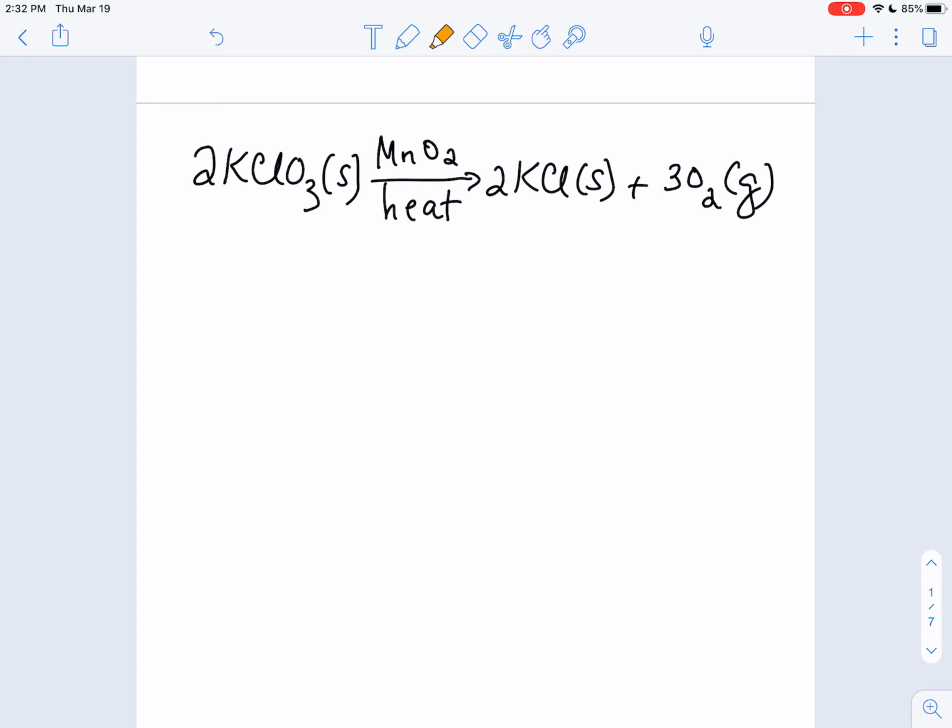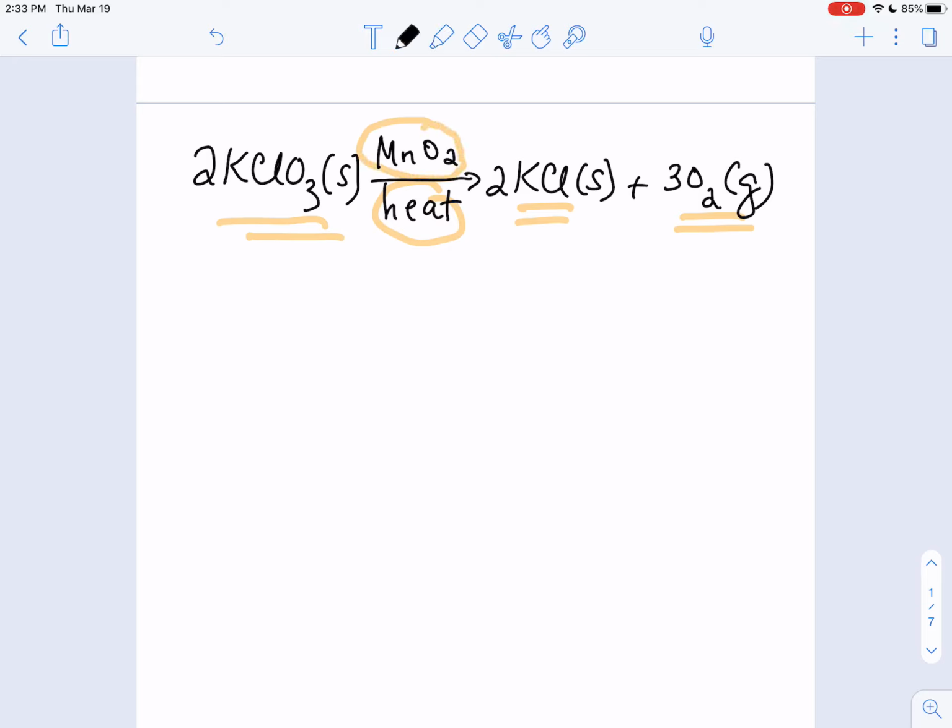This is the decomposition of potassium chlorate to produce KCl and oxygen gas. And you may remember that we may have used this as one of our first equations to practice balancing equations. A couple of things we might not have mentioned at that point were the following. One of them is that the reaction requires us to put in heat, and the reaction also requires an extra substance.